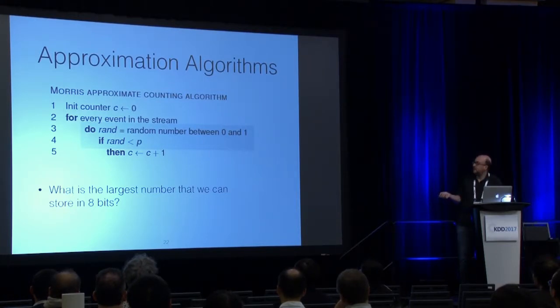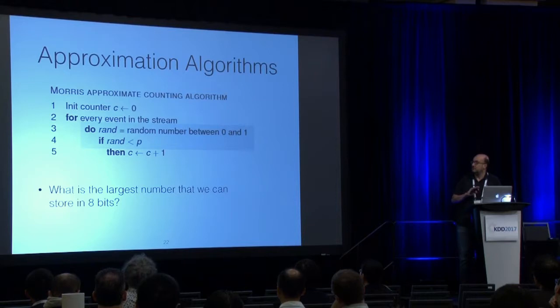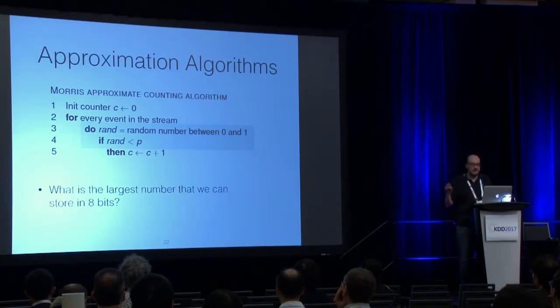If this random number is less than this threshold, then we add 1, and if not, we don't add it. Doing this, we have this approximate solution and these approximate guarantees. Then to store the logarithm, this p should be a power of 2.